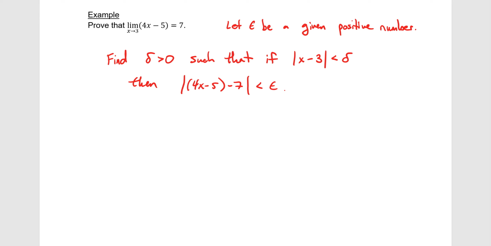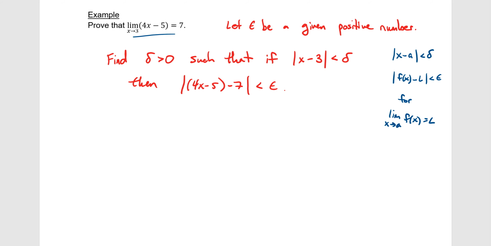You're always going to want to have this setup: absolute value of x minus a less than delta, and absolute value of f of x minus L less than epsilon, for the limit as x approaches a of f of x equals L.